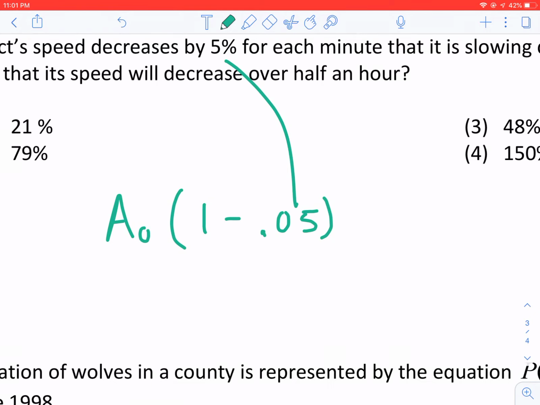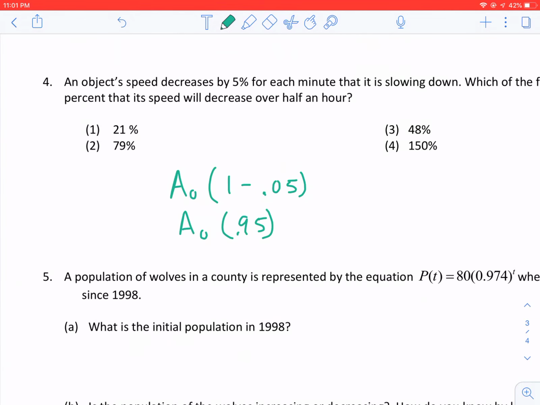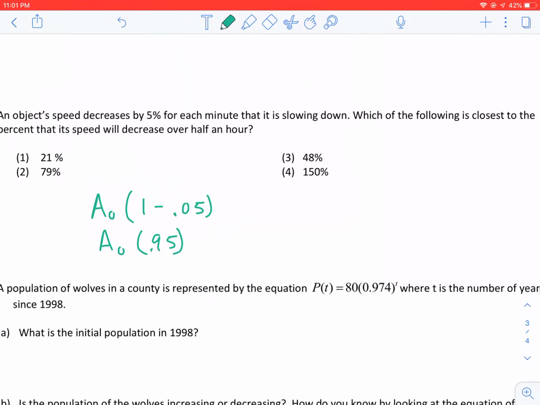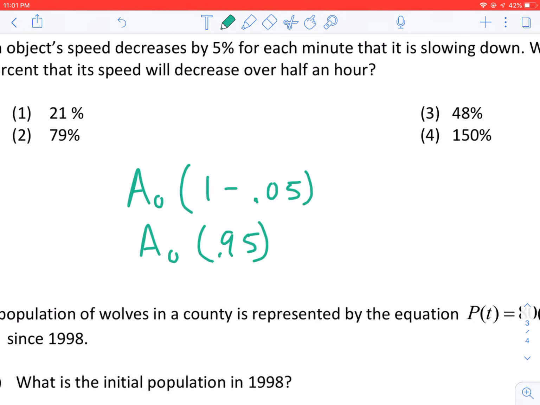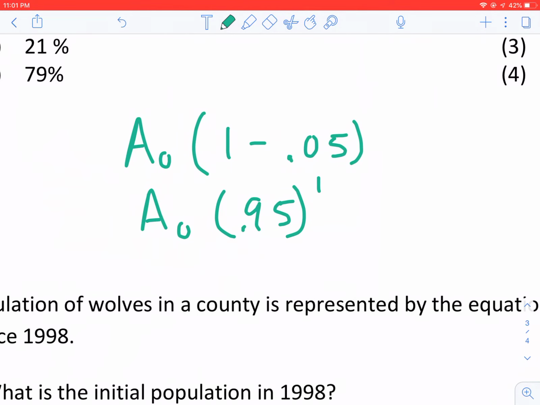In other words, the speed is going to be 95% of what it was after 1 minute. So how much speed is it going to lose after half an hour? After 2 minutes, it's going to be multiplied by 0.95 twice.